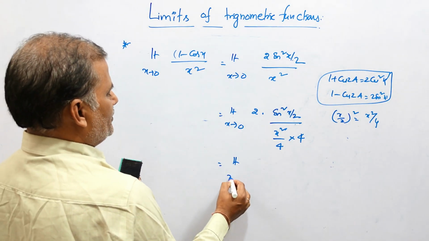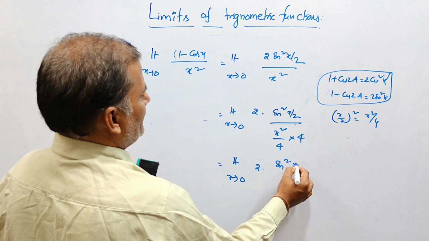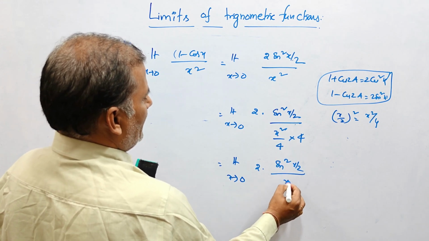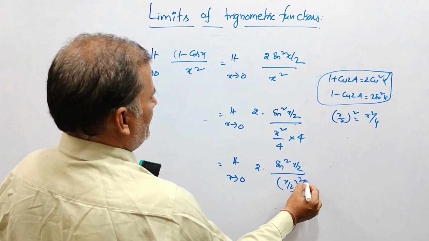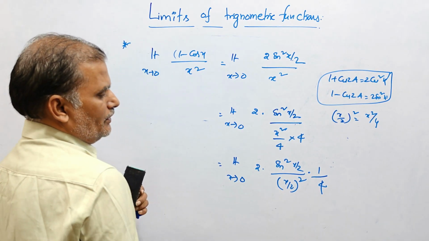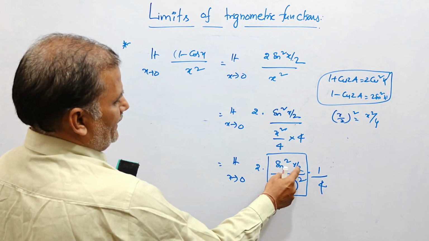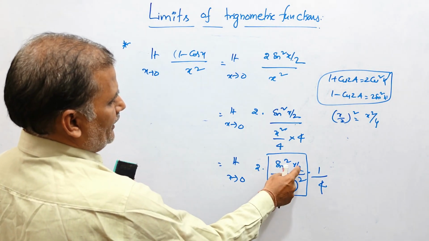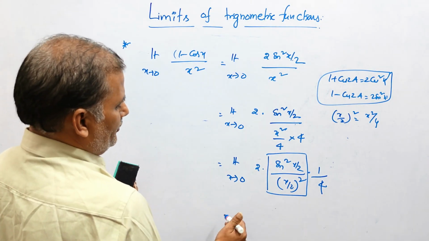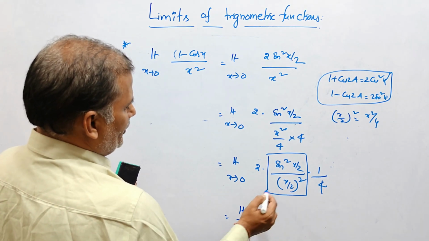Now limit as x tends to 0 of 2 into sin square (x by 2) by (x by 2) whole square, into 1 by 4. You observe this is sin square x by x square, so this limit is 1.